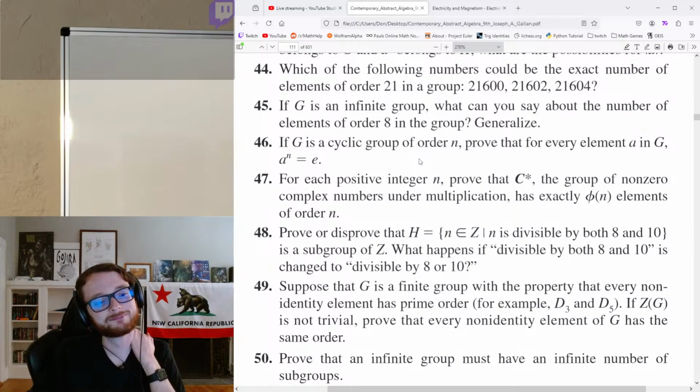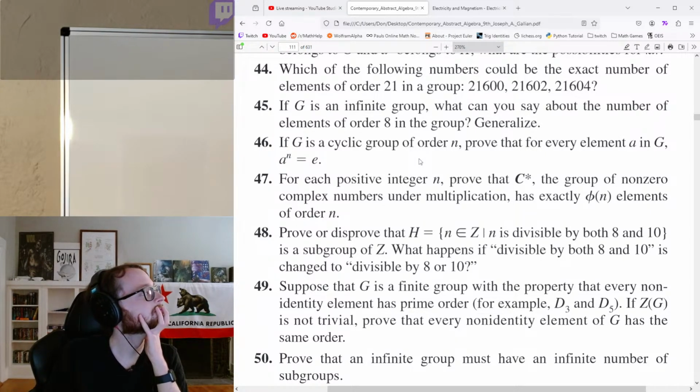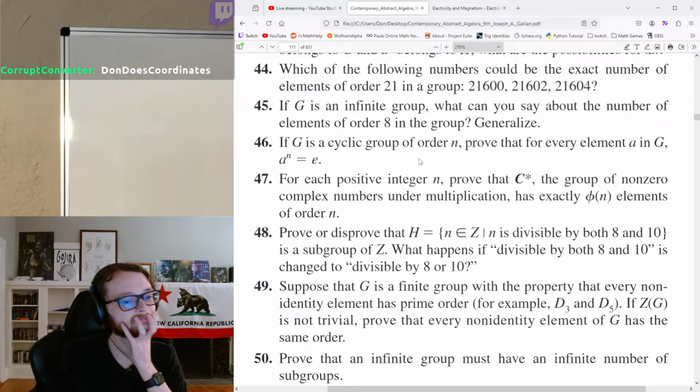Unfortunately, alphabetical coordinates.